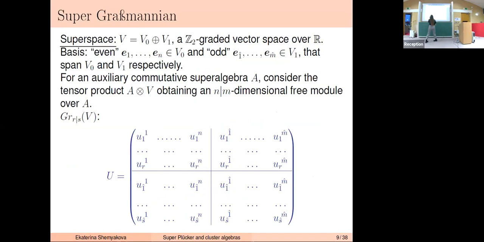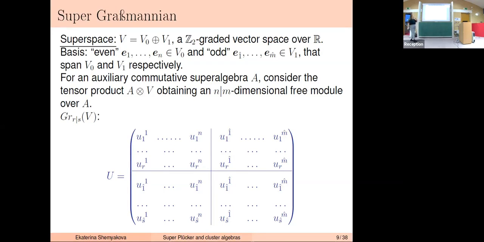Now for superspace. What is a supervector space? You can say it's just a vector space where you have two subspaces, V0 and V1. Elements of V0 are called even, and elements of V1 are called odd.